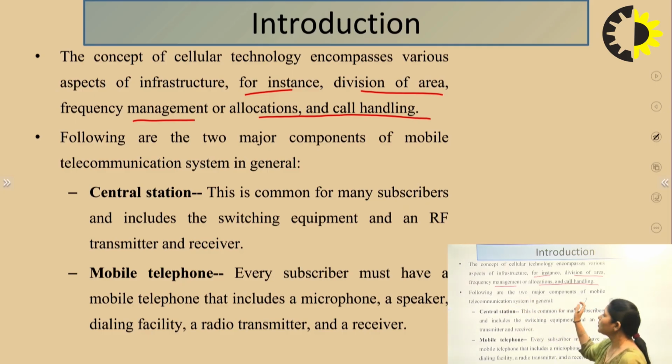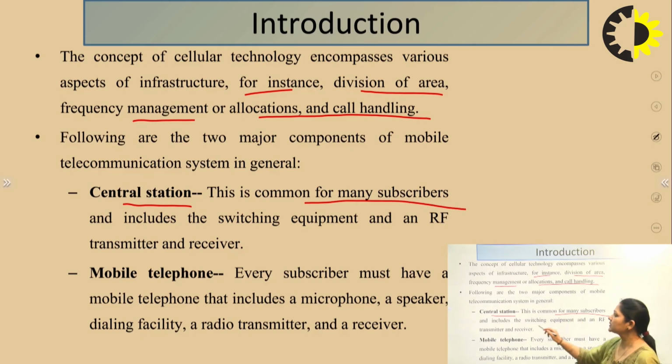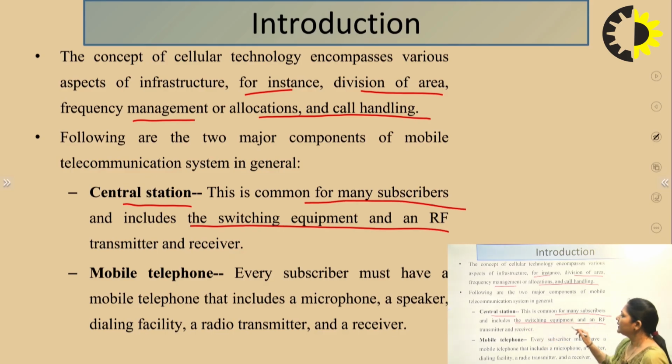Following are the two major components. One is the central station. This is common for many subscribers and includes the switching equipment and an RF transmitter and receiver. So for every cell there will be a central station. Central station means it will have transmitter and receiver antennas and it will be providing services to the users within its range.